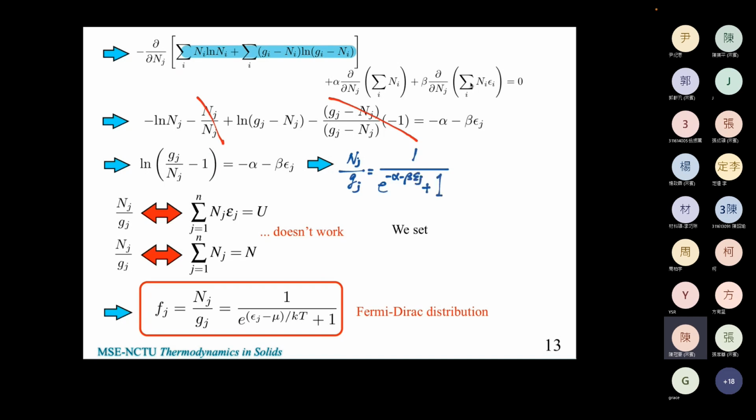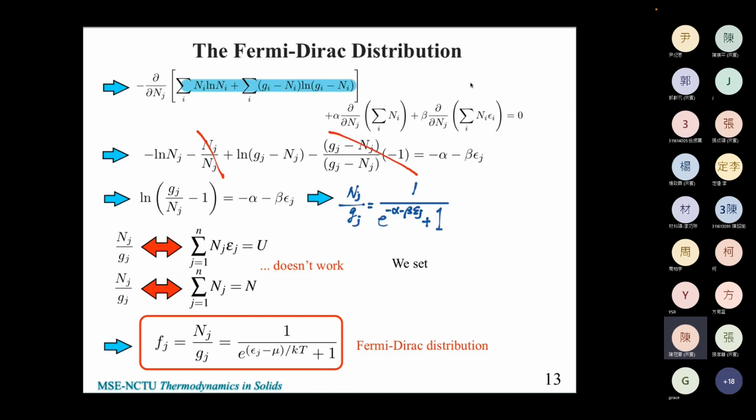Wow, so it looks a little bit different from the Boltzmann distribution. If we want to compare Nj over Gj with U and with N to solve for alpha and beta, unfortunately, because of the plus 1, it doesn't work at this moment.